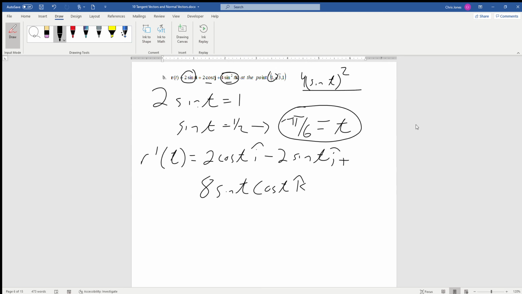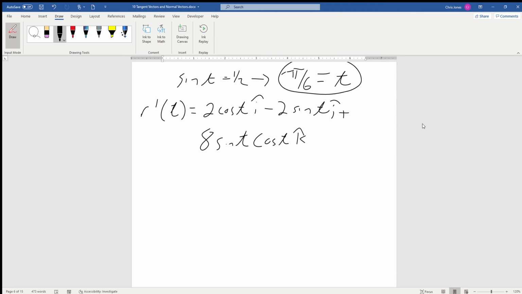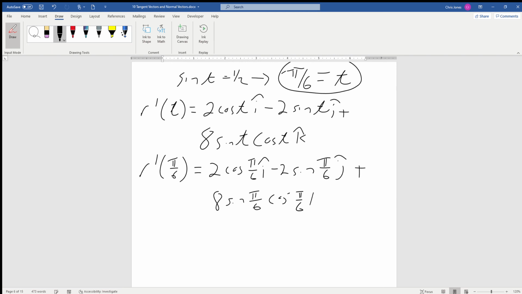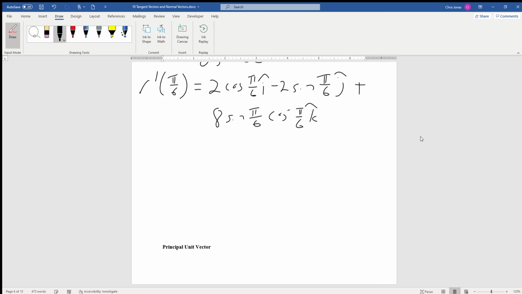Now the next thing that we're going to do is substitute pi/6 back into r prime of t to be able to find our slopes. So that's going to be 2 cos(pi/6) i minus 2 sine(pi/6) j plus 8 sine(pi/6) cos(pi/6) k. Right? And just a little bit of trigonometry.